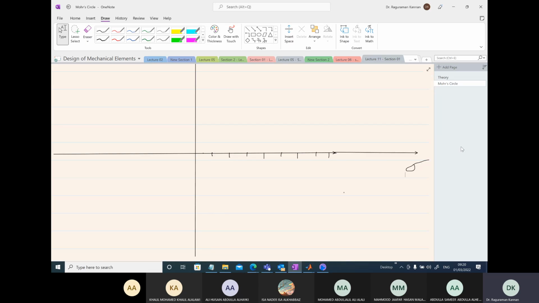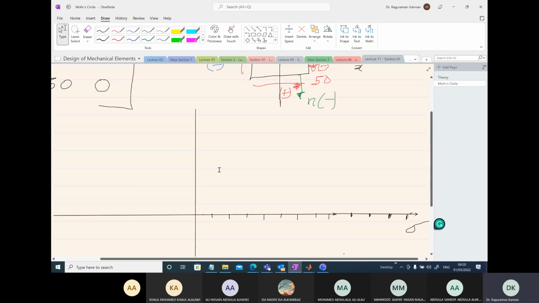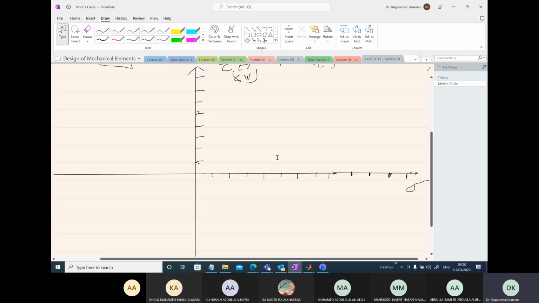Sigma axis. So we have 1, 2, 3, 4, 5, 6, 7, 8, 9, 10, 11. Should be more than enough. Let's divide the tau axis. Remember, tau is negative here with counterclockwise direction. Let's divide it the same, 1, 2, 3, 4, 5, 6, 7, 8. More than enough.